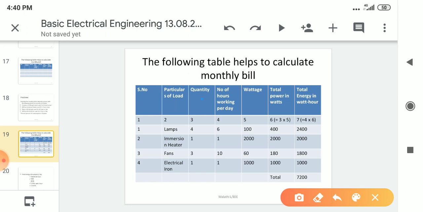Lamps are 4, immersion heater is 1, fans are 3, the iron is 1, and they are giving the number of hours working per day. Here we are writing the number of hours. Wattage.